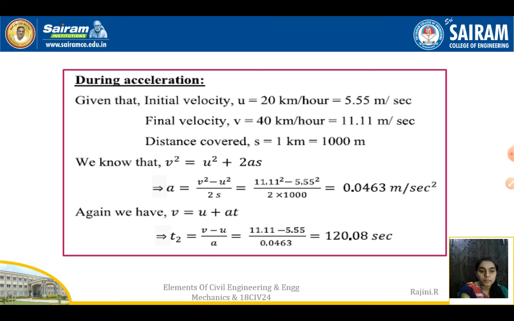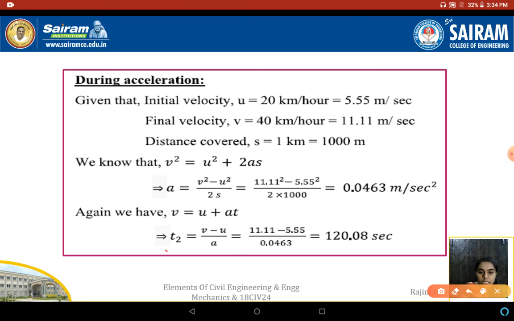So here you can see t2 is equal to v minus u divided by a, is equal to 11.11 minus 5.55 divided by 0.0463. So the final answer is 120.08 seconds we got. So the time in the positive acceleration is 120.08 seconds.